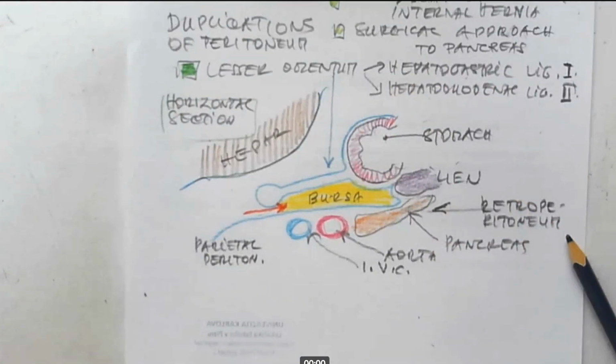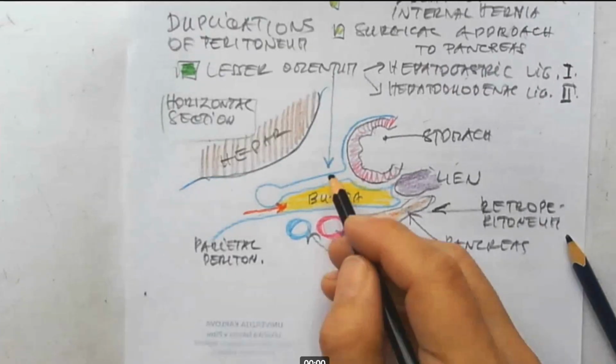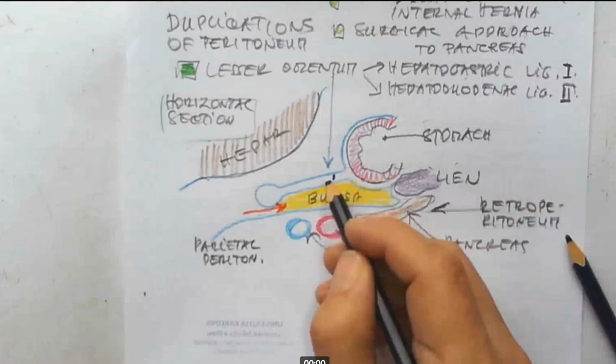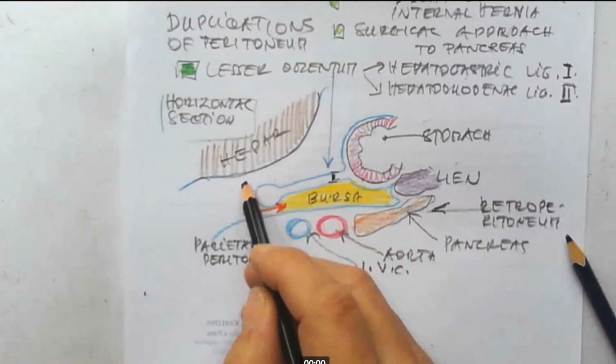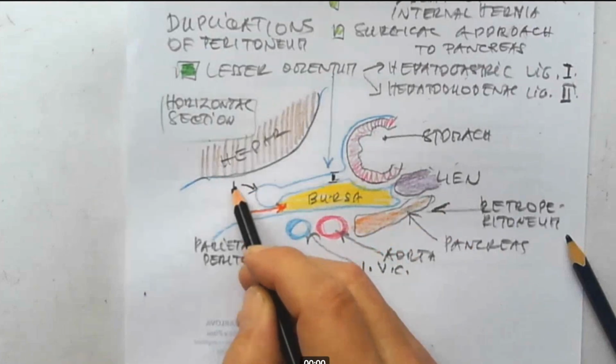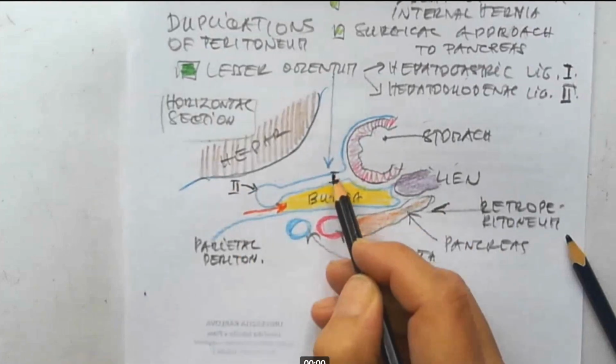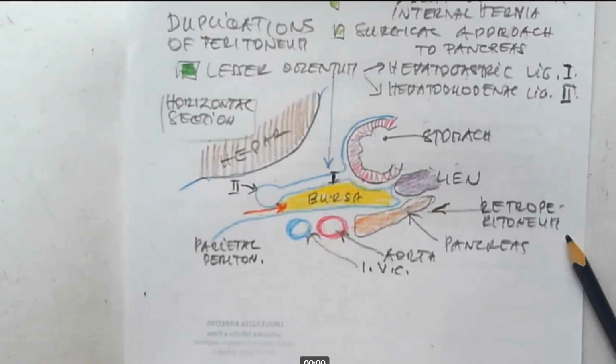So if we know that there is the hepatogastric, it must be that one. This is number 1, and that one is number 2. Maybe an arrow, just an arrow to number 2. So we have two numbers, 1 and 2.